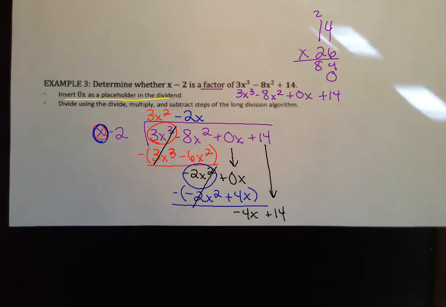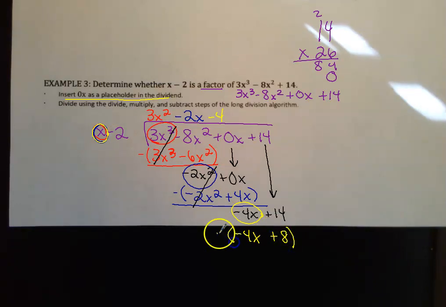I'm going to switch up my color here because I'm going to get to the black. Make sure you guys can see it. All right, so now, what do I multiply x by to get negative 4x? Negative 4. The yellow is kind of hard to see there. I apologize, but it's going to be okay on the black. So negative 4 times x is negative 4x. Negative 4 times negative 2 is positive 8.